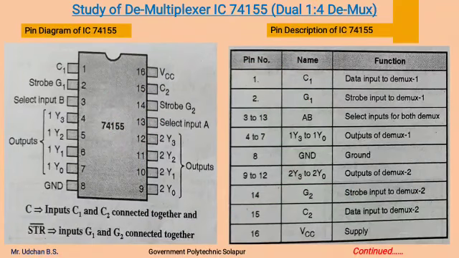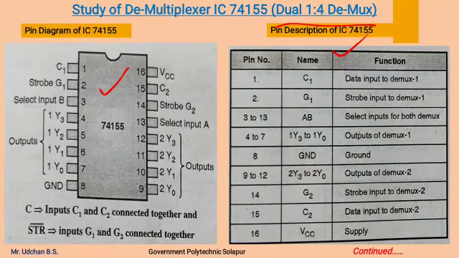Now we will see the demultiplexer IC, which is a 16 pin IC, and it contains dual 1:4 demultiplexer. That is, there are two 1:4 demultiplexers available in a single IC. Now this table shows the pin numbers and respective functions.